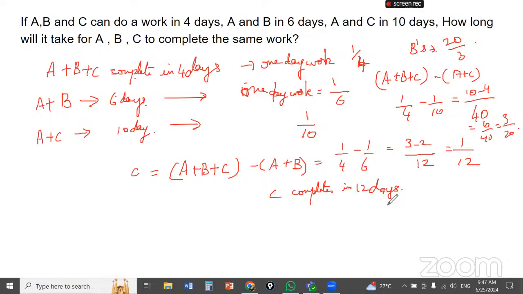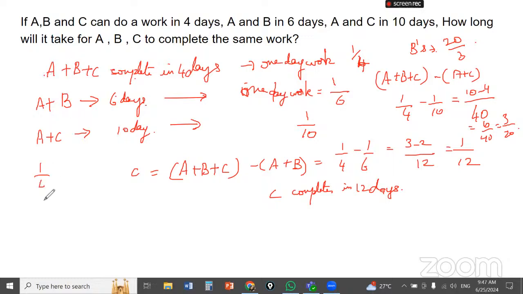Now we need for A. So how can we find for A now? Actually, we have A plus B plus C as 1 by 4.